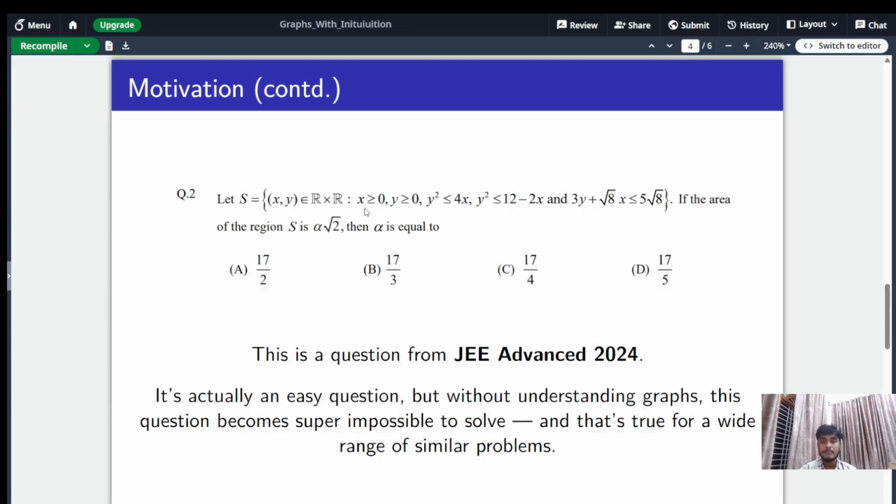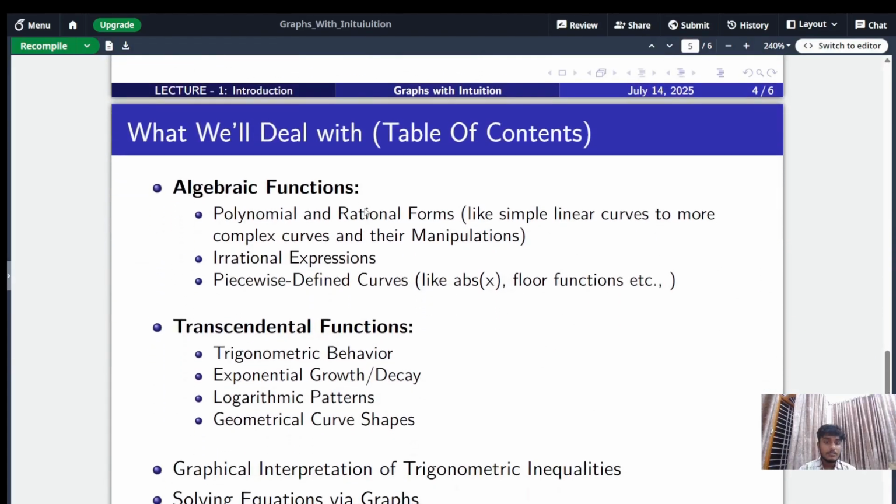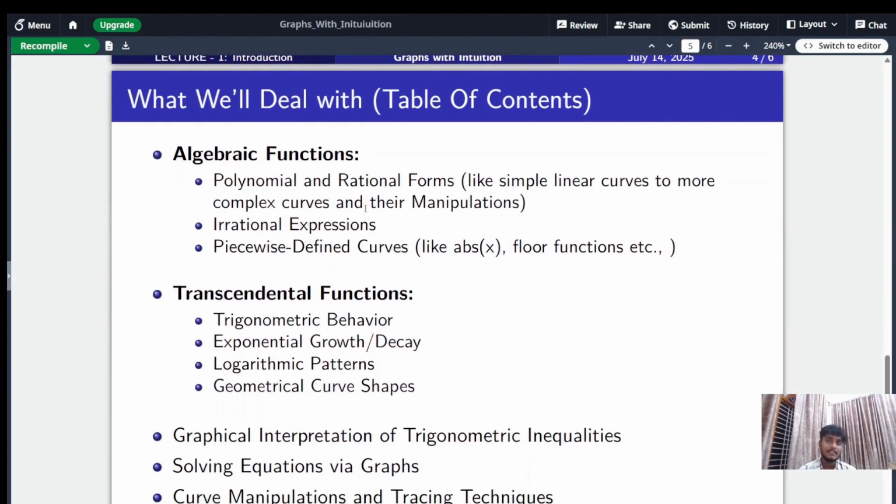After that we will go to functions. So sets, relations, functions, but mostly I'm going to deal with functions. In this lecture series, first we will take polynomial functions, like algebraic functions, polynomial functions, rational functions, complex curves, and irrational expressions. There are some irrational expressions I'll mention during the lecture.